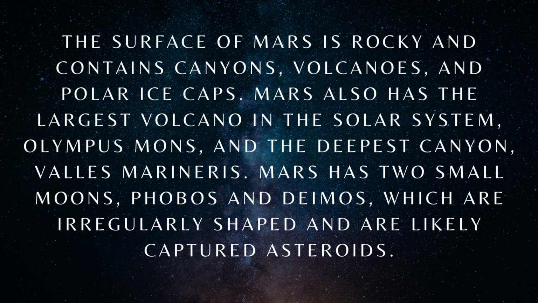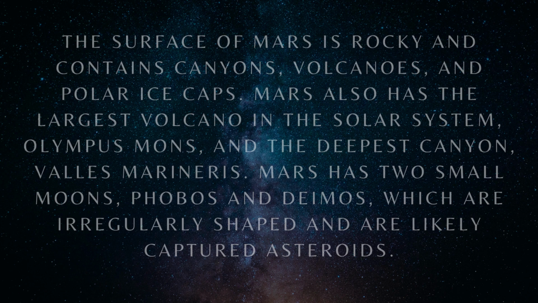Mars also has the largest volcano in the solar system, Olympus Mons, and the deepest canyon, Valles Marineris. Mars has 2 small moons, Phobos and Deimos, which are irregularly shaped and are likely captured asteroids.